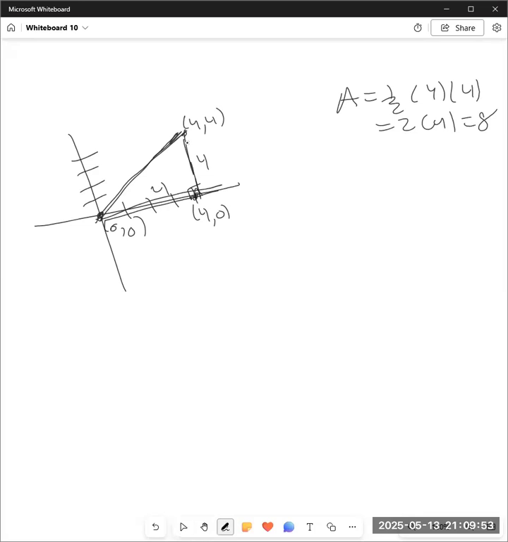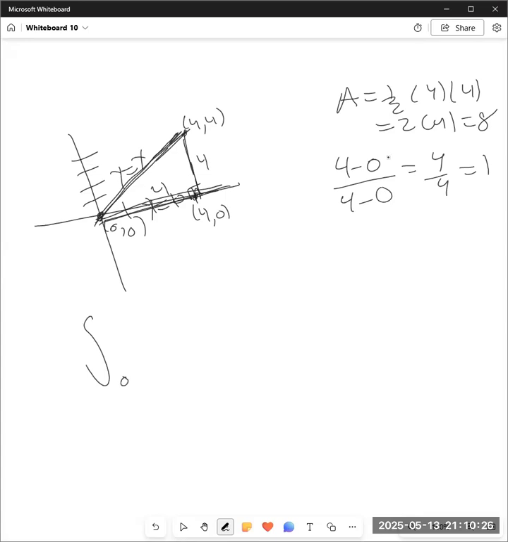This line right here, let's find the slope, is y2 minus y1 over x2 minus x1. I'm talking about this line right here that makes the hypotenuse. 4 over 4 is a slope of 1. It goes through (0, 0), so this is the line y equals x. This line is y equals 0.